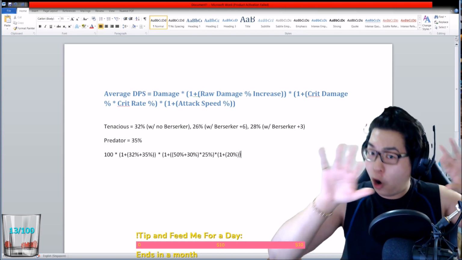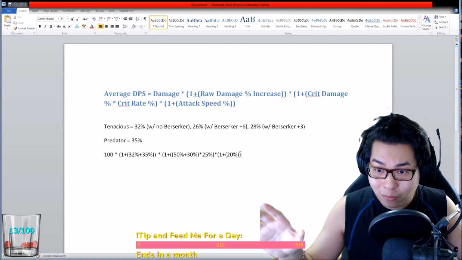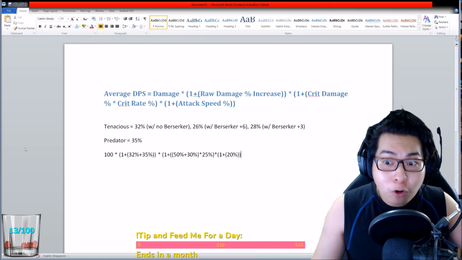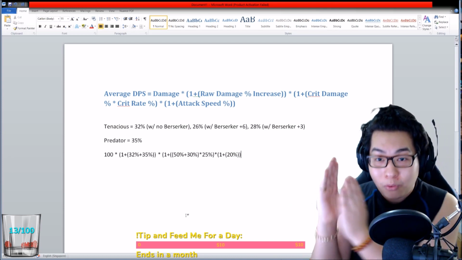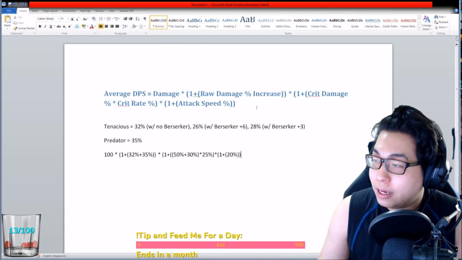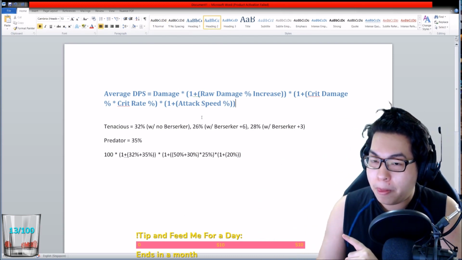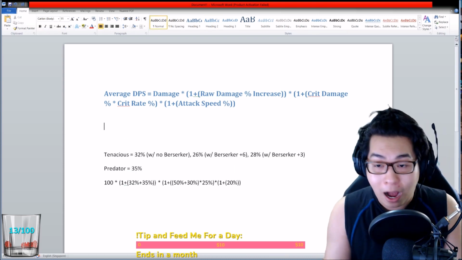Now, this is going to be a whole bunch of math, but I'm going to try and explain it as best I can. So follow me closely. You understand this formula, right? Raw damage first, crit damage, then your attack speed at the end. Now, I've actually also gone into another concept before I get into the math. I always tell people this.